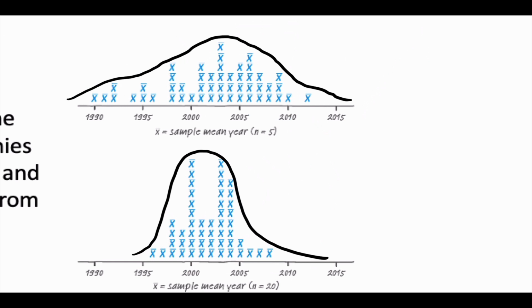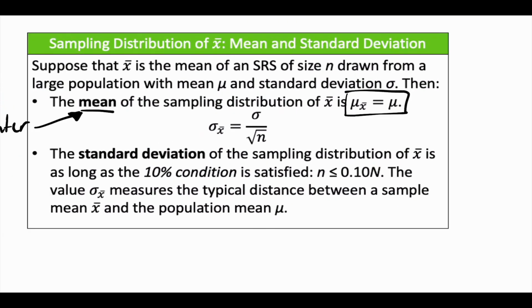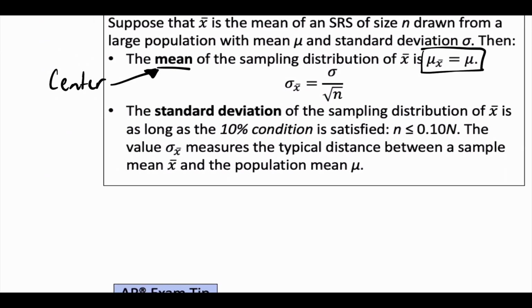If I kept reaching in and grabbing samples of 20, or samples of 5, and took the mean of all of those, eventually I would get the true mean. That says the mean of all the x bars is equal to the true mean, whatever the true center is. Standard deviation is the spread or variability.